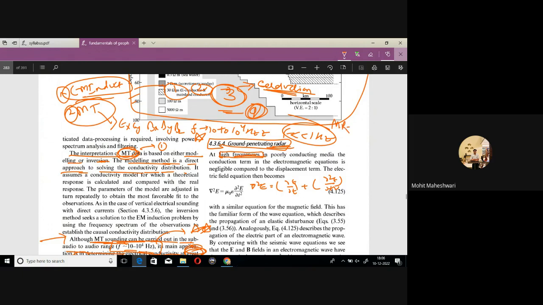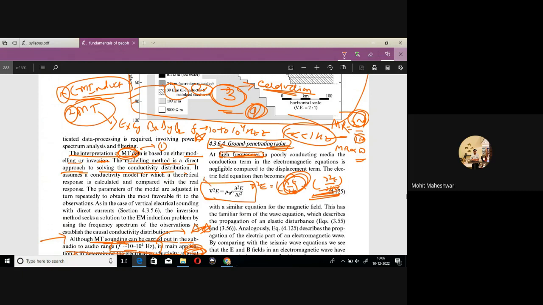The magnitude ratio is defined as the second term upon the first term, and in the high frequency range, since the magnitude ratio is proportional to the frequency, for high frequency the magnitude ratio will be large. That means the second quantity will be large, so we can neglect the first quantity, and we will take only the second term there. So this will be the equation.